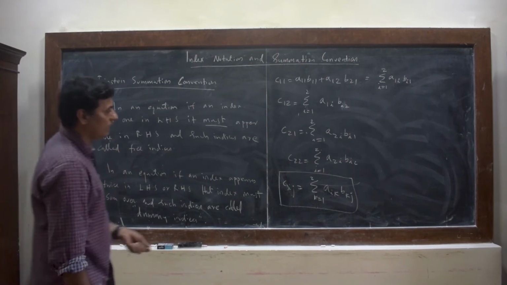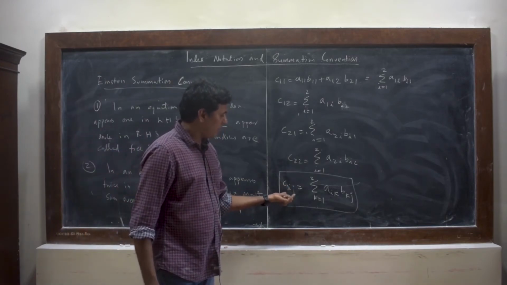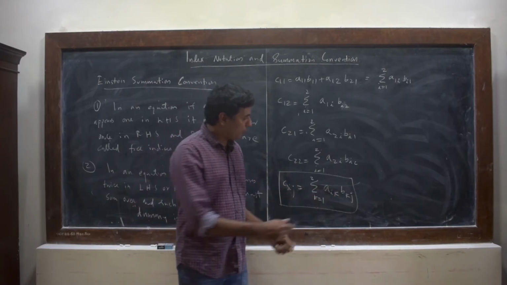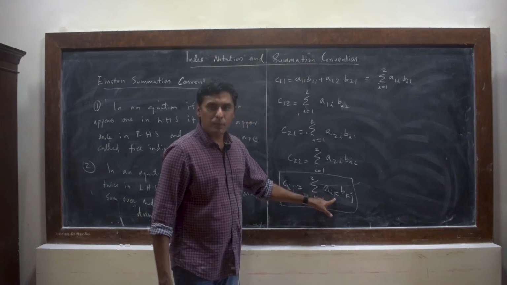Here you can see that in the left hand side you do not have any dummy index, because i appears once and j appears once, whereas if you look at the right hand side, the index k appears twice.